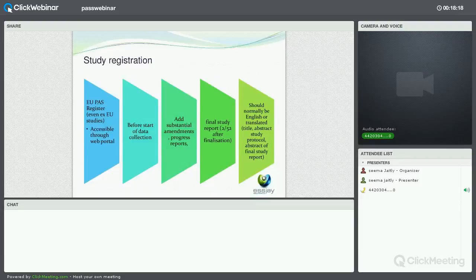You need to register before you start data collection, and you need to add substantial amendments and progress reports and the final study report 2 weeks after finalisation. Normally they would expect what's included on the register to be in English or a translation of the title, abstract of the study protocol, abstract of the final study report.